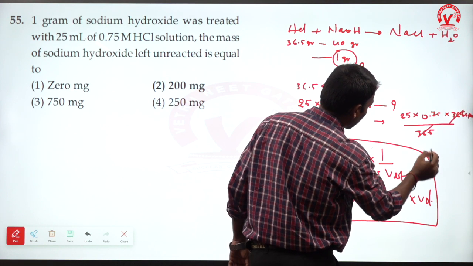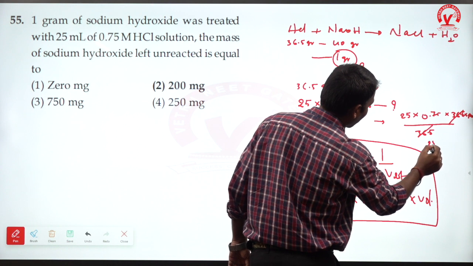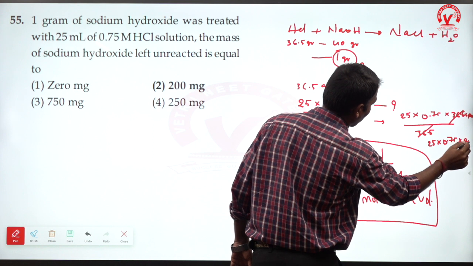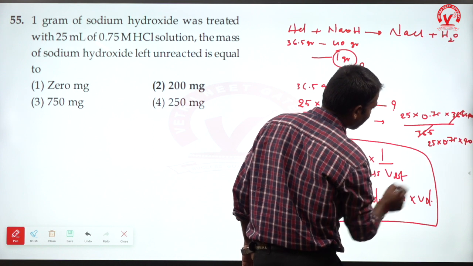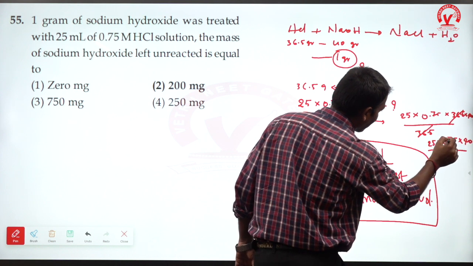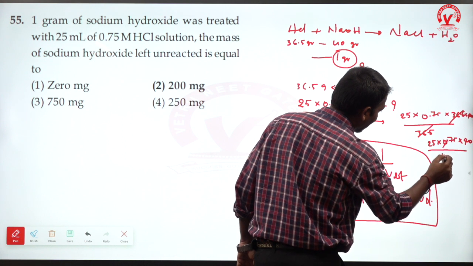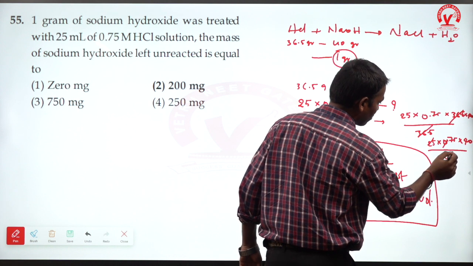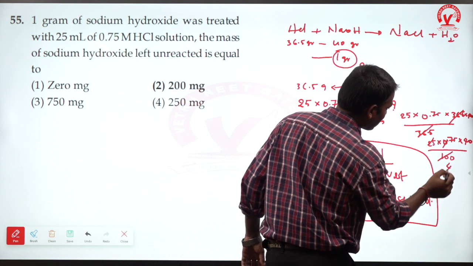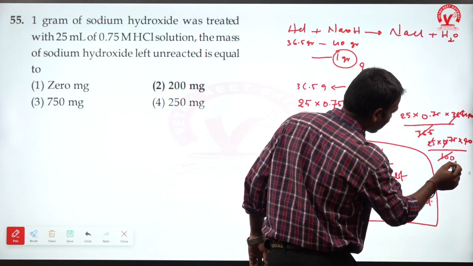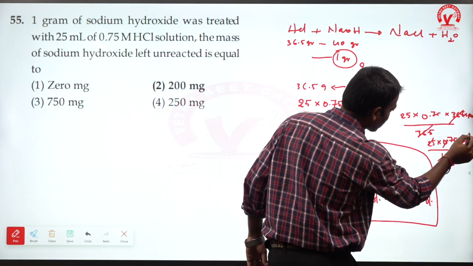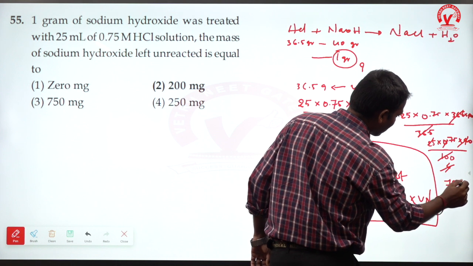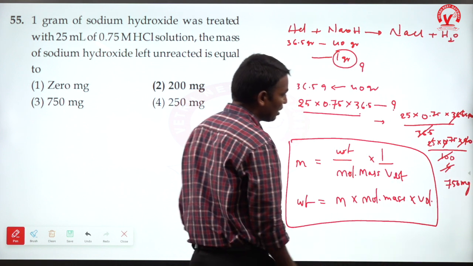So from here, 25 into 0.75 into 40. Cancelling the decimal point by 100, 25 fours are 100, so we can simplify like this. Then 75 into 10 gives 750 milligrams required.